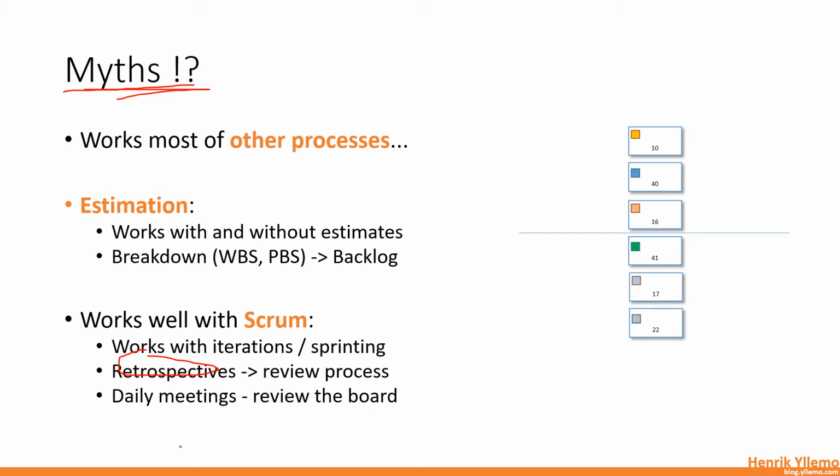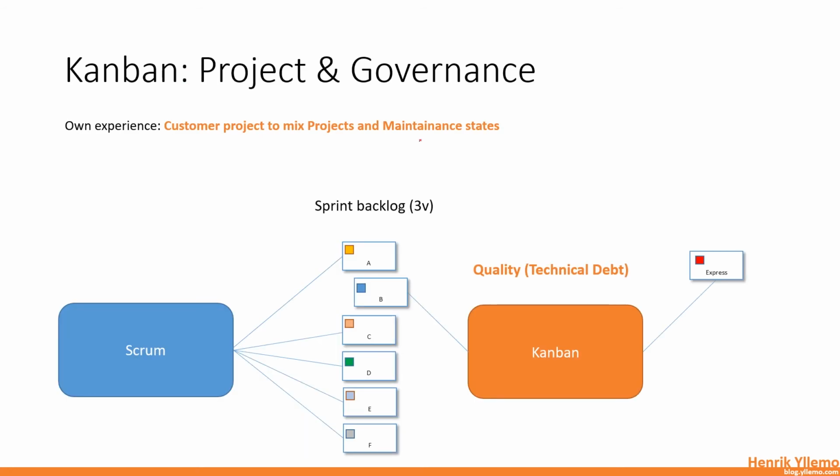And instead of the daily stand-up meetings, you can also have daily meetings but review the board instead, and have the entire team standing around and looking at the Kanban board and just discussing the problems on the board. One of the good things of using agile methodologies in general is that you can mix and match, and you can really find what best suits you and your team.